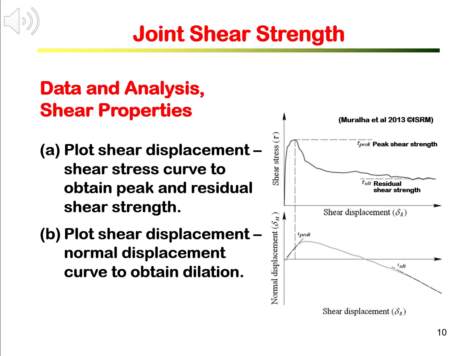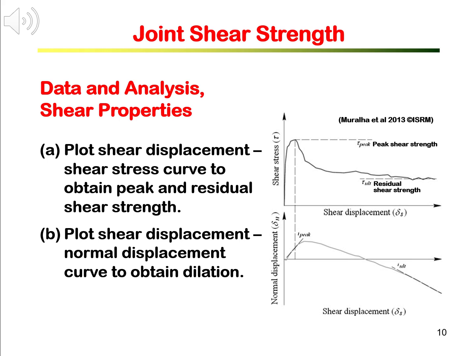Now let us move to the data analysis for shear strength. We start with plotting the shear displacement, shear stress curve obtained for each shear test. The plot can be done by the computer, which logs and stores the measurements. A typical plot of shear displacement as x-axis and the shear strength as y-axis is shown on the upper right.